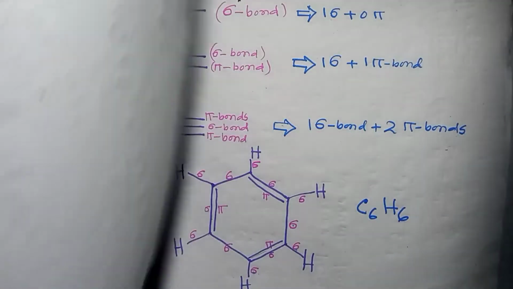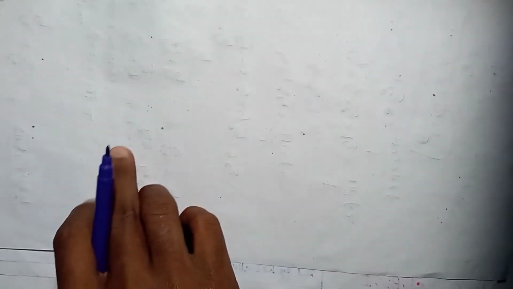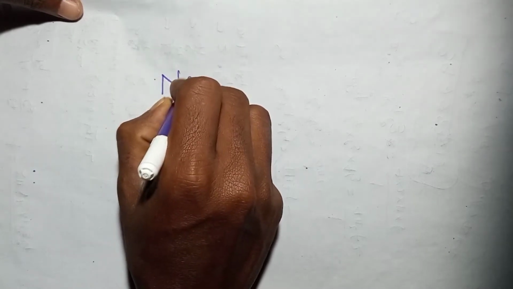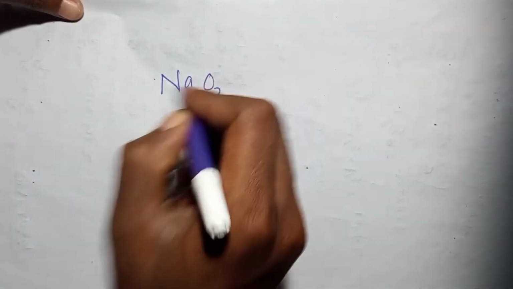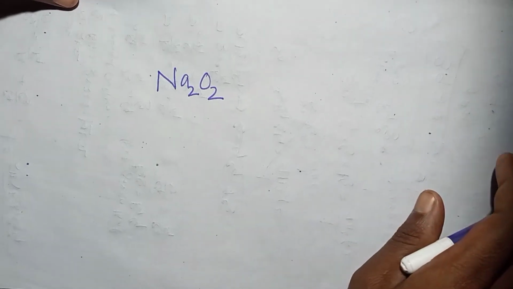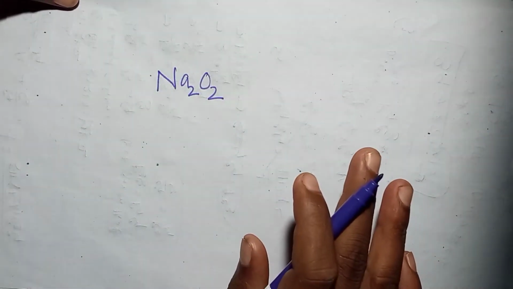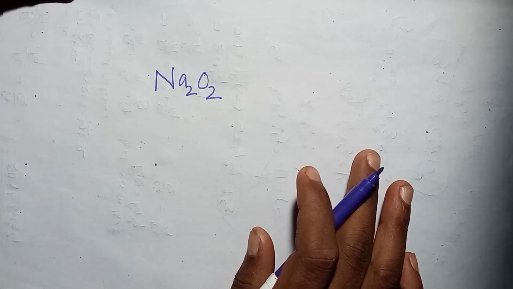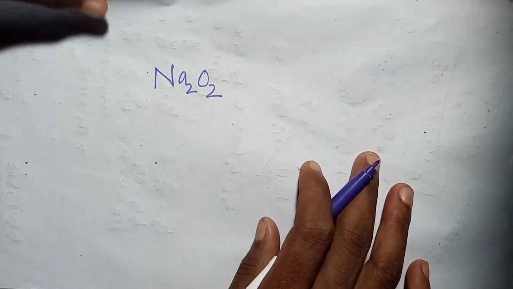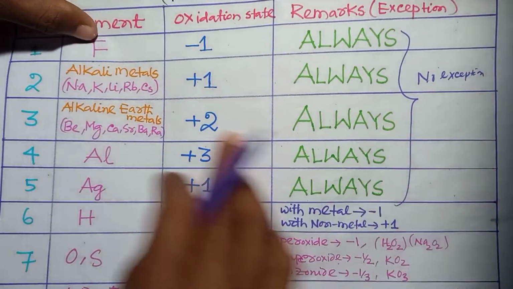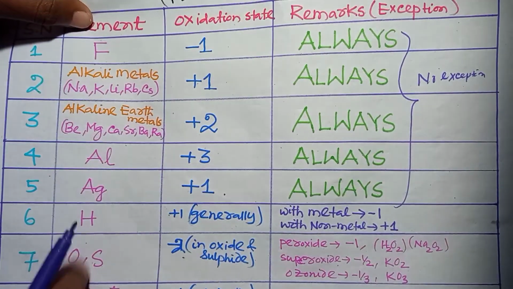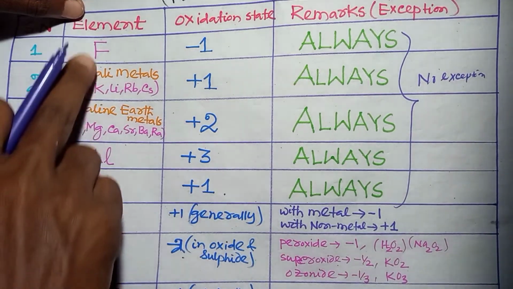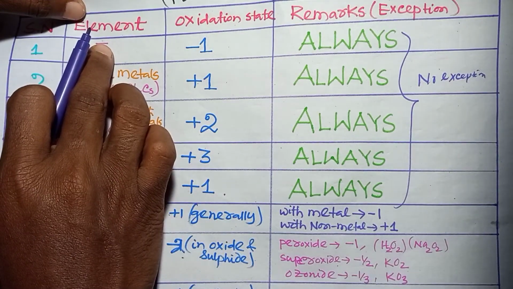So let's see an example. Let's say I have a compound like Na2O2, and I want the oxidation state of oxygen in this compound. So what do I have to do? I have to follow this priority table. First I have to check fluorine is present or not.